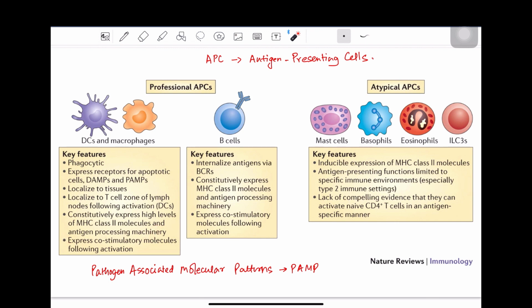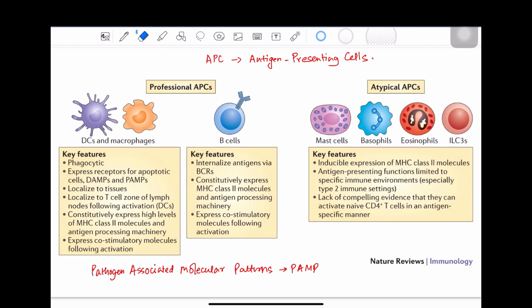So we know when the antigen is engulfed by the antigen-presenting cells, it is processed by a complex mechanism. There is a whole machinery involved which processes this antigen, and then these antigens are presented on the surface by the MHC molecules.